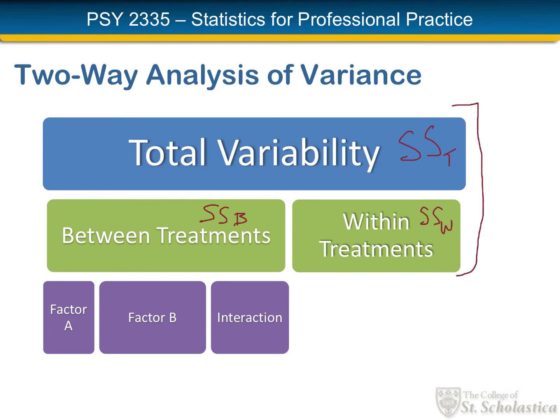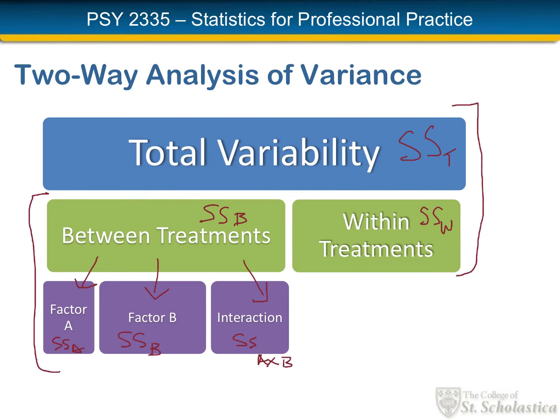In the second phase, we take the differences between the groups, the variability that's due to the treatments, and we analyze that or break it down into a component that's due to factor A, perhaps which treatment they received, another bit that's the sum of squares or the variability due to factor B, the age group, and then the possibility that there is some kind of interaction, some combination of age group and treatment that might be especially different.